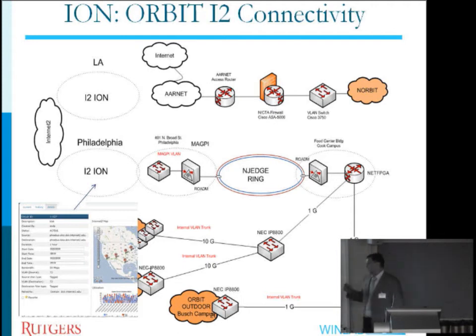And so we use this, and in this particular example, we use the ION connection to connect us to Norbit. As far as I know, this was the first time that there was a gigabit connection between our Orbit lab and Norbit, which is in Sydney, Australia. So you can literally dial a connection.